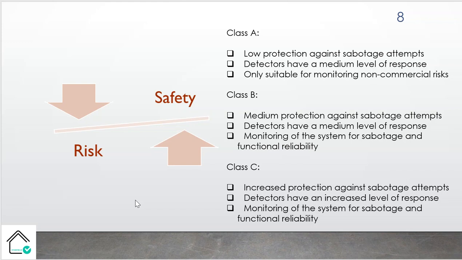But what is class C? Increased protection against sabotage attempts. Detectors have an increased level of response, with monitoring of the system for sabotage and functional reliability. What it means is that when you need lower risk, your safety should be higher.